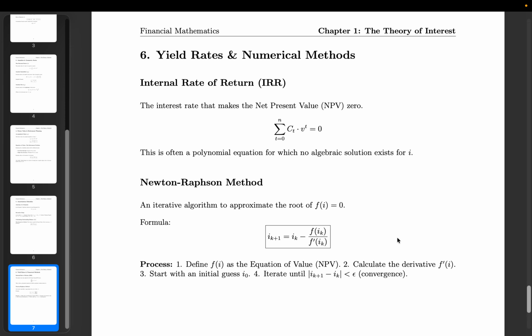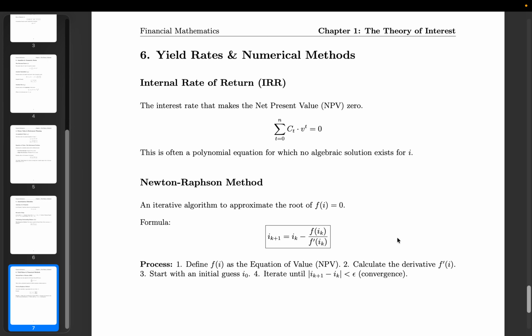This means you guess a rate, calculate the function and its derivative. Yes, we need calculus here. And that tells you where to move your guess. You repeat this loop until you find the exact yield rate.